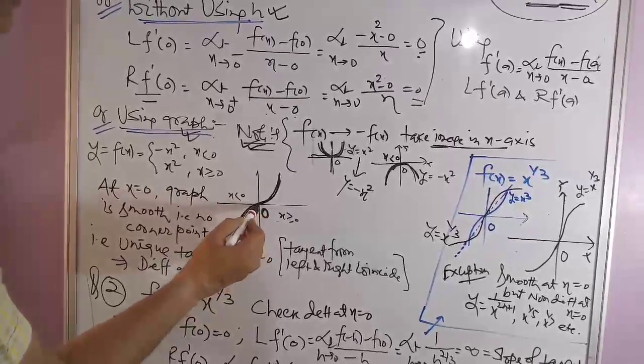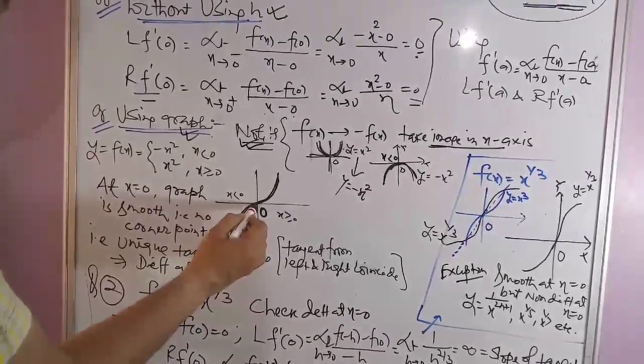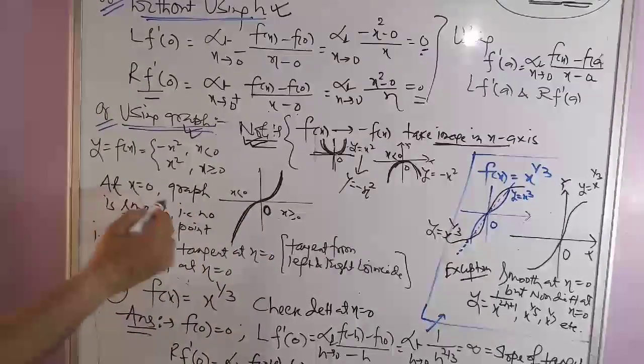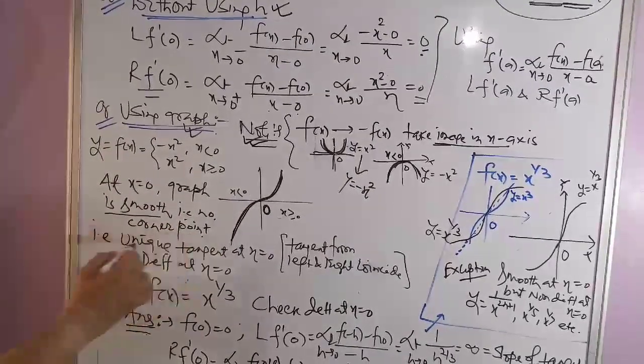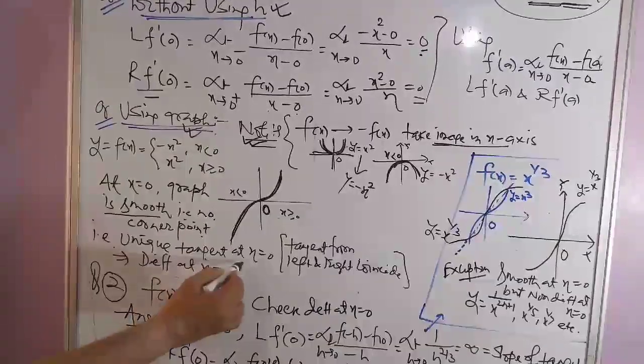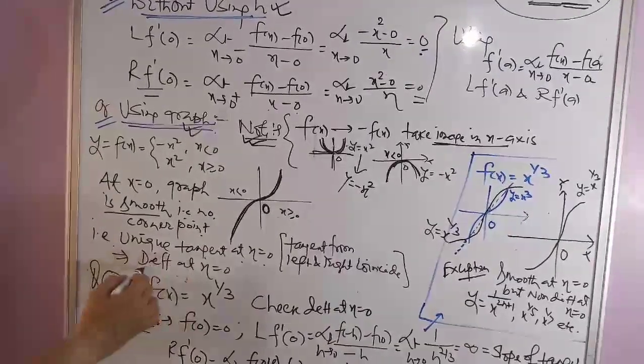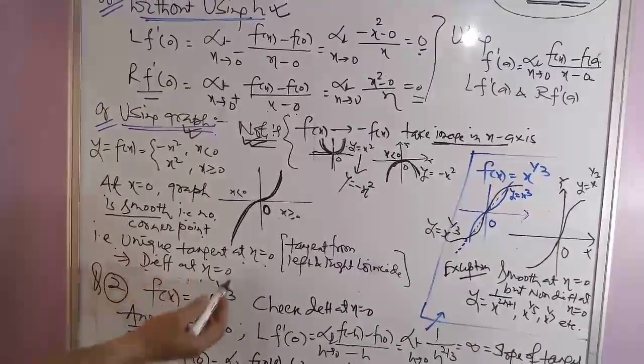So at x equal to 0, the graph is smooth, that is, no corner point, that is, a unique tangent at x equal to 0, so differentiable at x equal to 0.